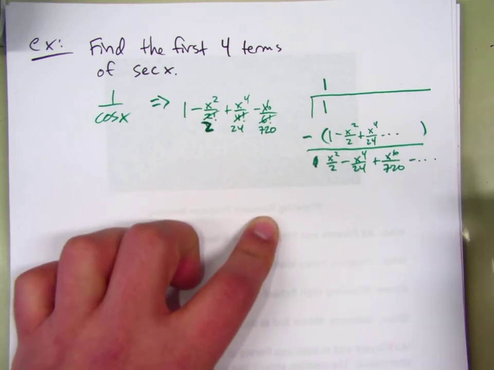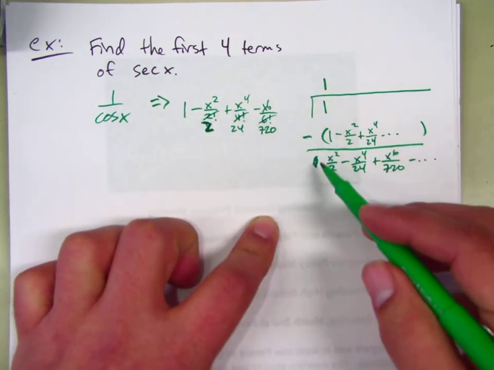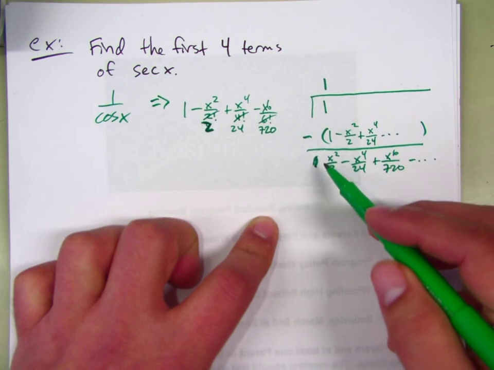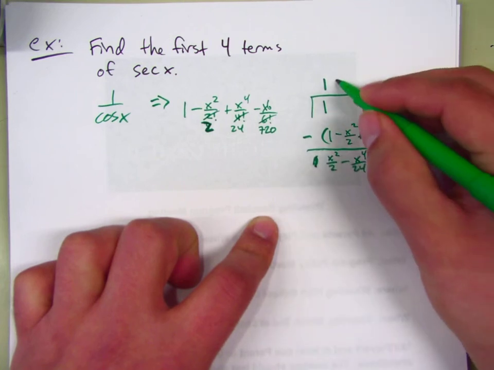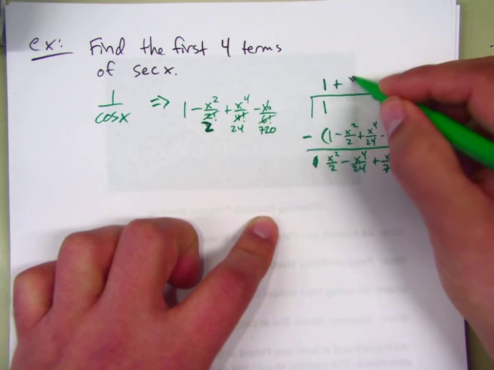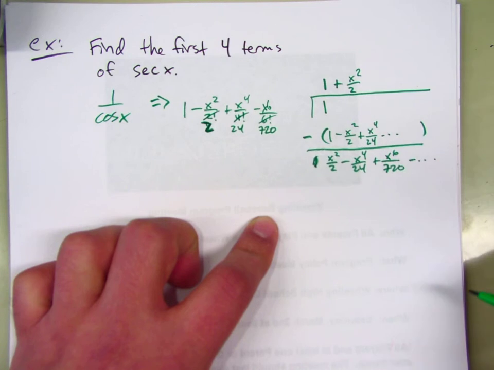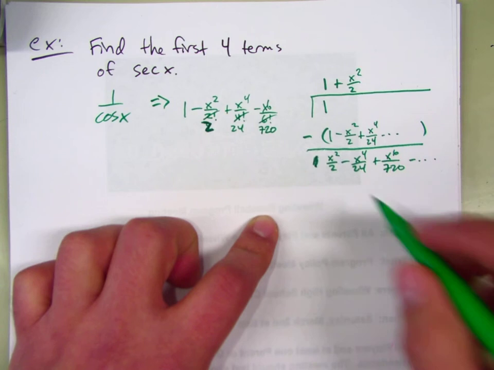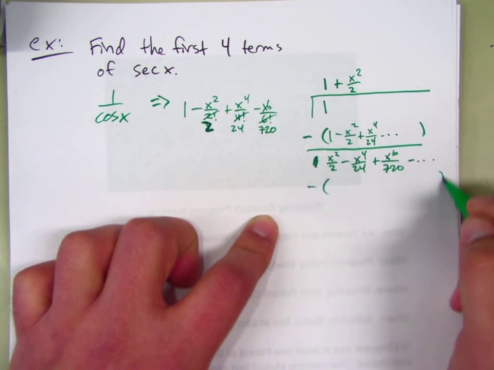And now we repeat the process. So 1 goes into this first term exactly x squared over 2 times. Does that make sense? I know it's kind of goofy to think of it that way, but now we subtract.